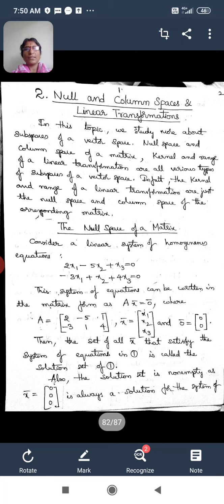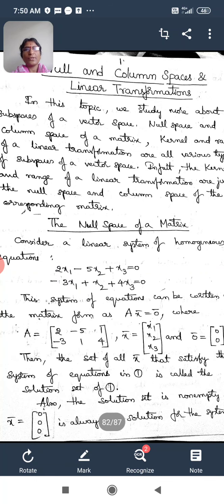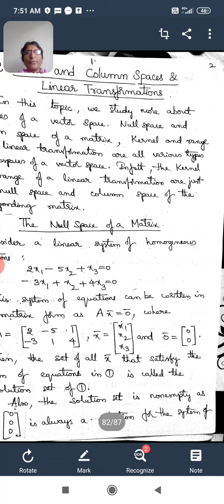As there are three variables, there will be three columns, but as there are two equations, there will be only two rows in the matrix A. So A is equal to the matrix with rows 2, minus 5, 1 and minus 3, 1, 4, and x bar is a column vector with the variables x1, x2, x3, and 0 bar is a 2 by 1 column vector with elements 0, 0.